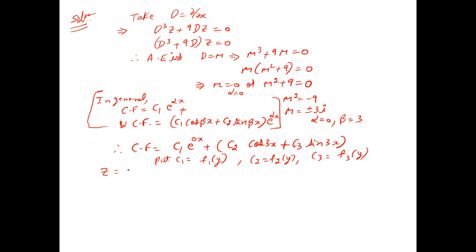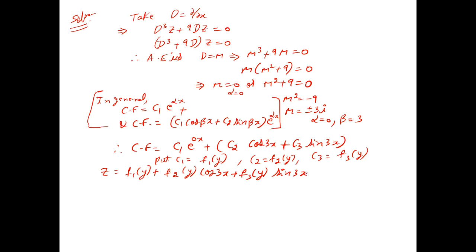Therefore z = f1(y) + f2(y) cos 3x + f3(y) sin 3x. Is it clear?